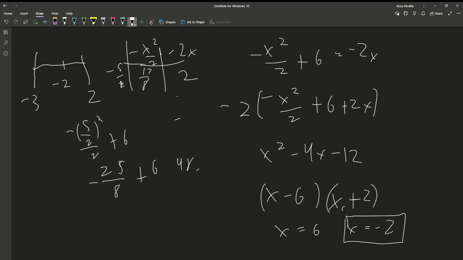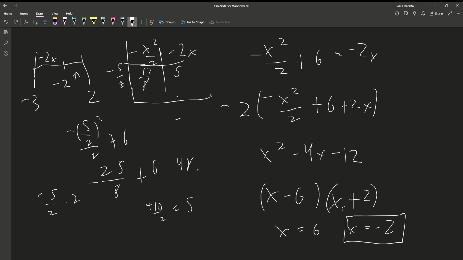Wait, no, I'm wrong. This is going to be a positive 5, because negative 5 times negative 2 is going to be positive 10 over 2, which is equal to 5. So then that means our negative 2x is going to be on top. And it's most likely going to be on the bottom over here, but we want to just double check.